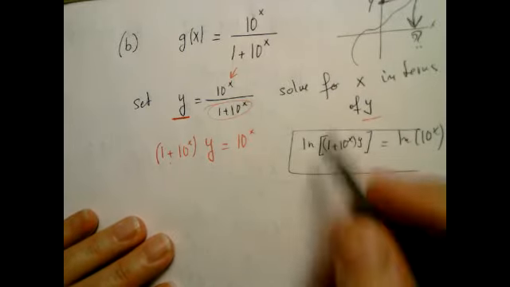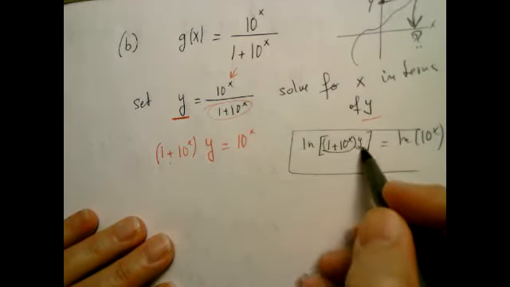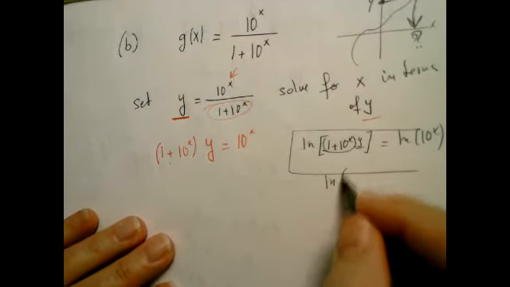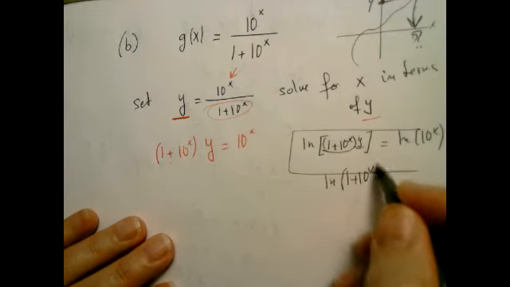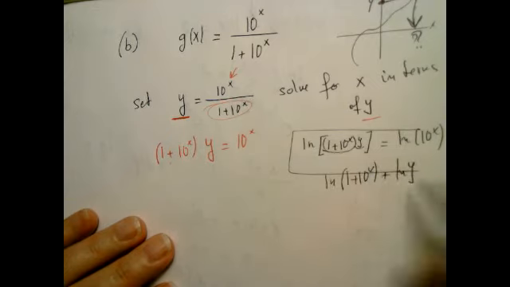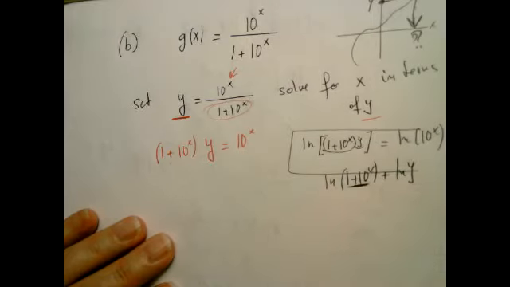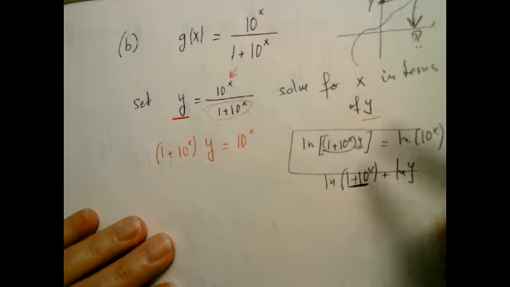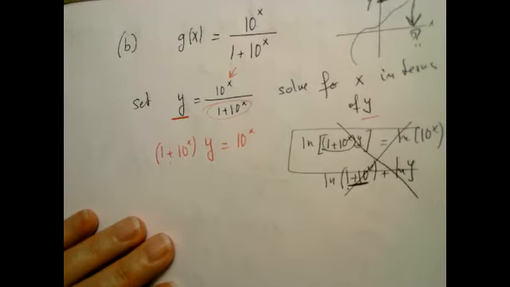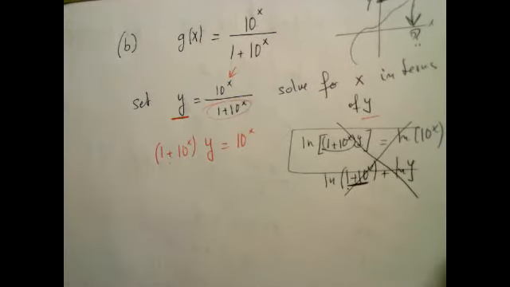So the log of this means ln of 1 plus 10 to the x plus ln of y. I'm stuck because I have 1 plus 10 to the x. I cannot get my x out. So taking the log of both sides will not improve my problem.